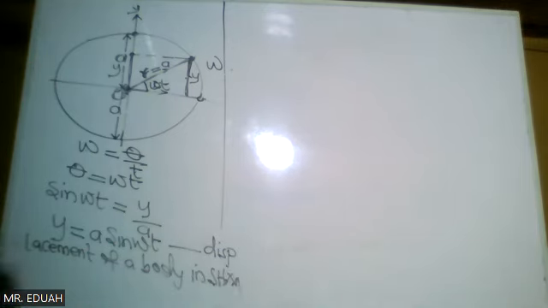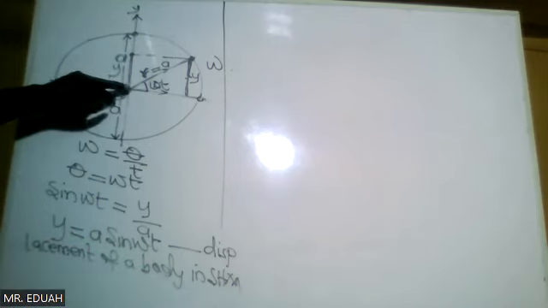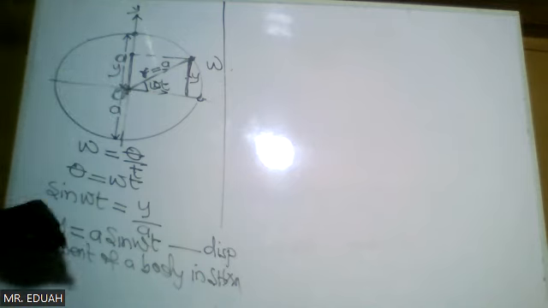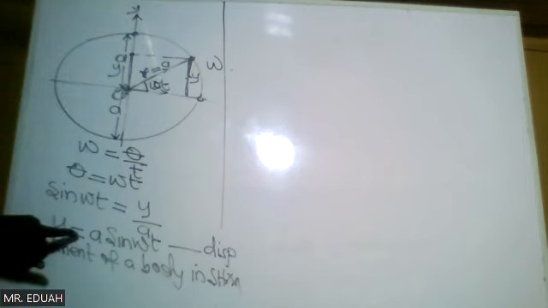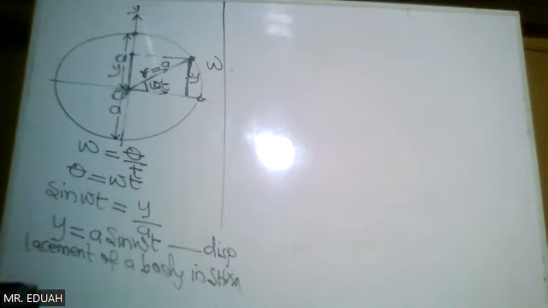So if you want to get how an oscillating body is displaced at any time t, this is the equation: the displacement at any time t is y equals A sine omega t.